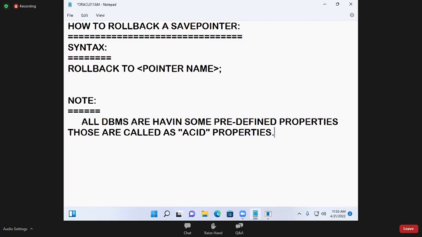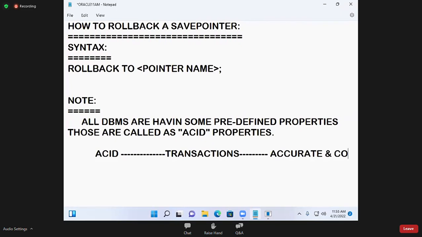So all database management systems have some predefined properties, called ACID properties. With the help of ACID properties, your transactions are what now? What I said: accurate and consistent.